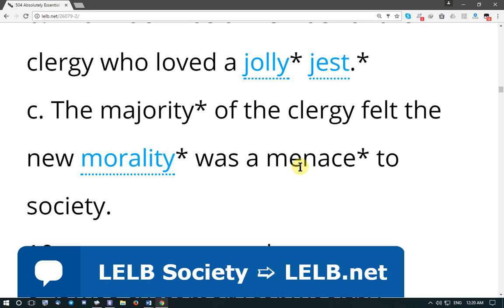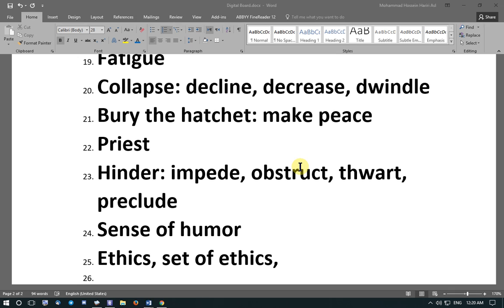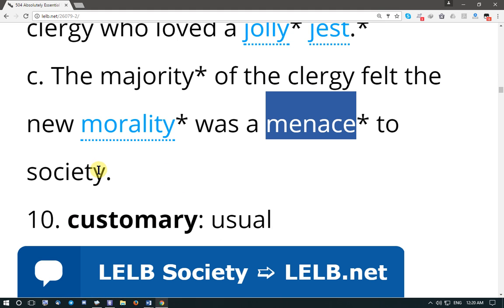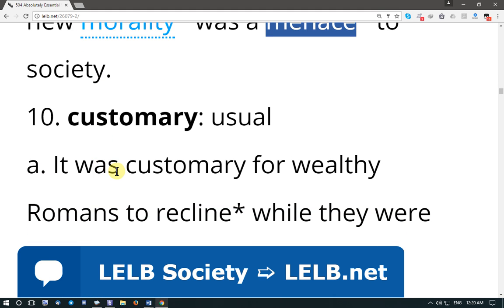Menace means threat to society. So it was actually not socially acceptable. Customary, usual.